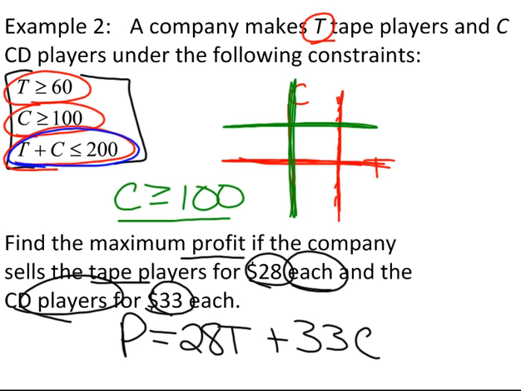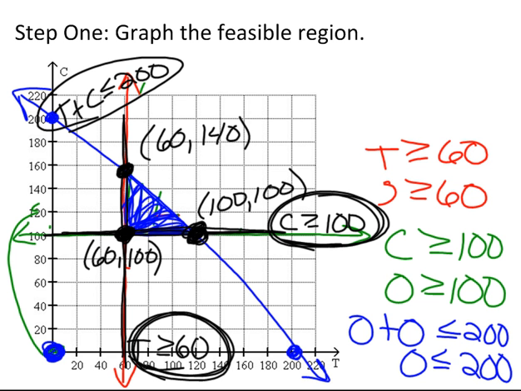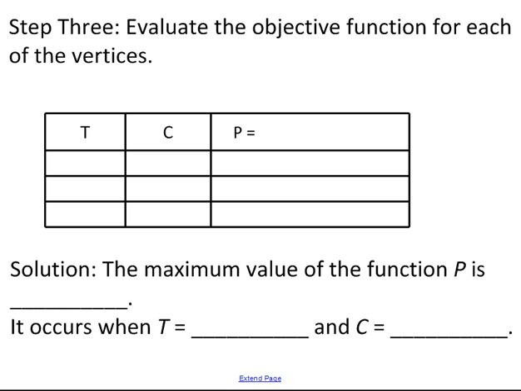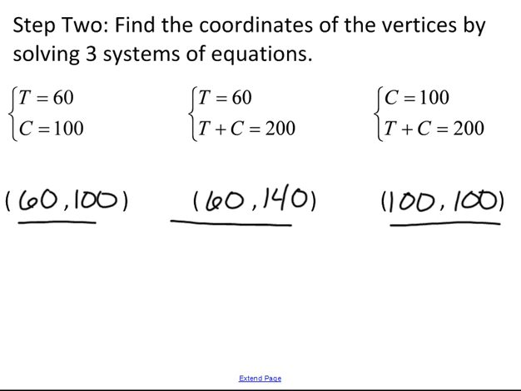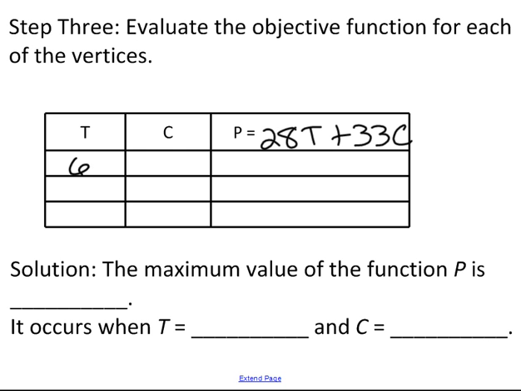I'm going to plug those points into 28T plus 33C. All right, my points. I don't remember my points. (60, 100), (60, 140), and (100, 100).